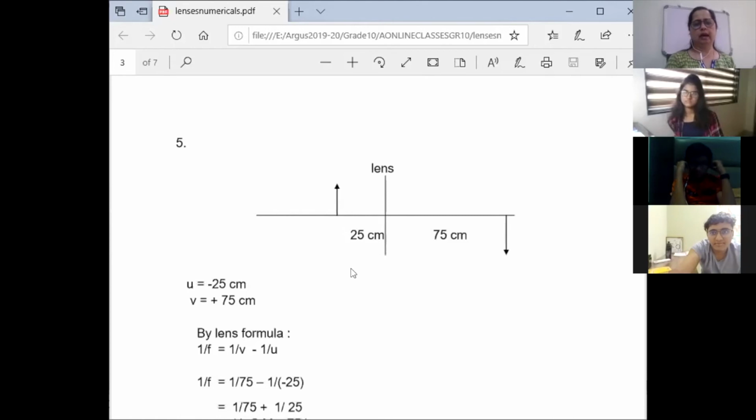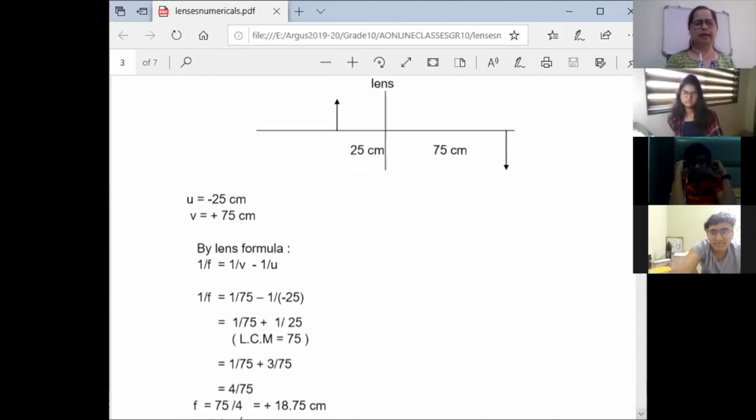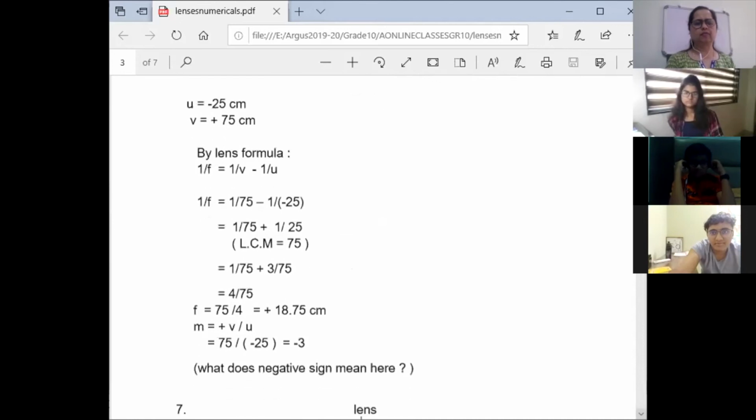Now it is a convex lens, right? So U is minus 25 and V is plus 75. You can see this is the optical center. The image is formed this side. So V is plus 75, right? And then after that, I use the lens formula. 1 upon F equal to 1 upon V minus 1 upon U, right? So 1 upon 75 minus 1 upon negative 25.